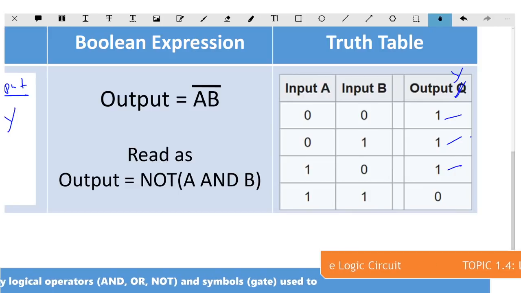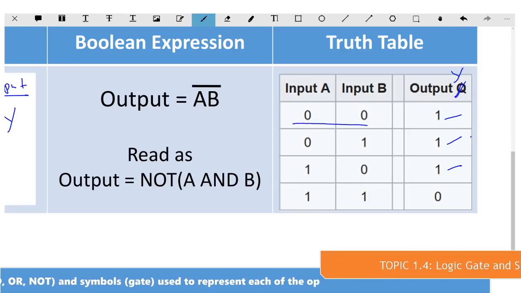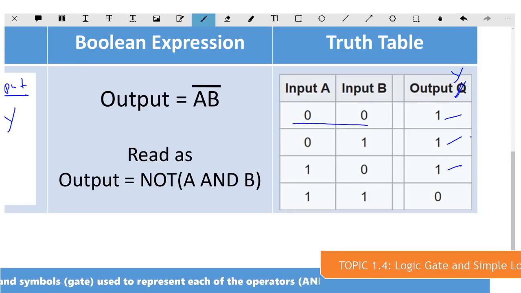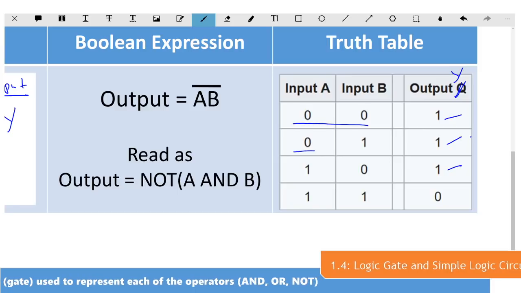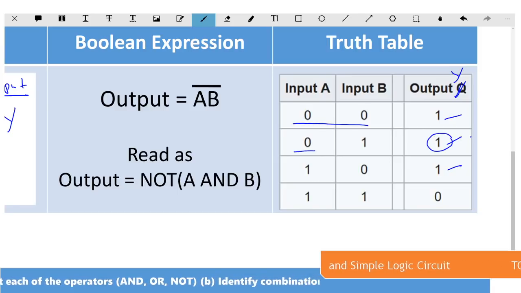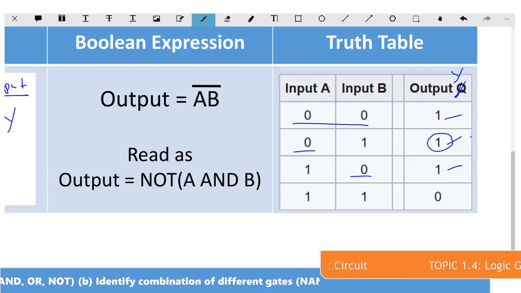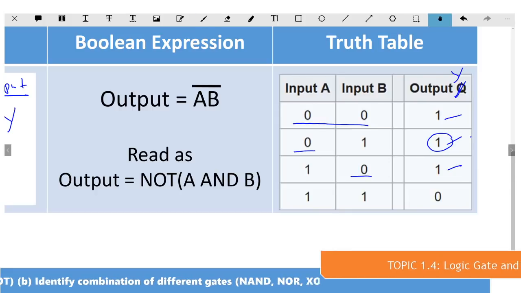In this case, in the first row, both inputs are false. In the second row, input A is false and the output is true. And in the third row, input B is false and the output is also true.